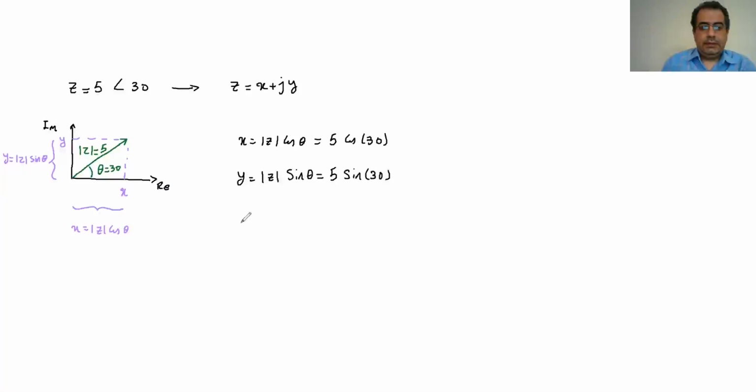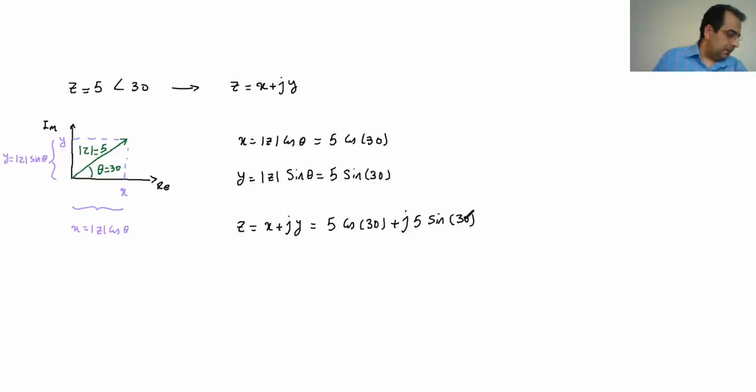Therefore z in the rectangular format is x plus jy, so it's 5 cosine 30 plus j 5 sine 30.